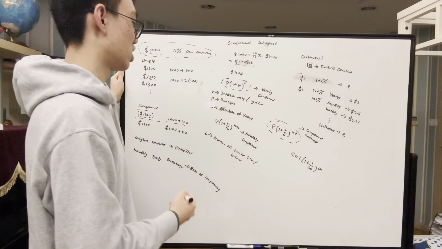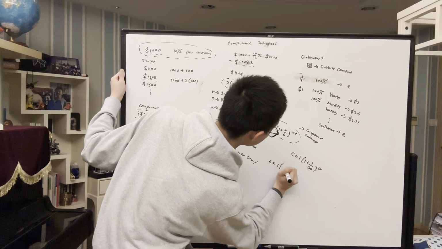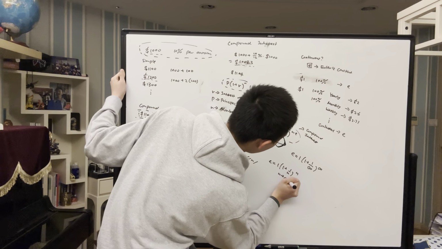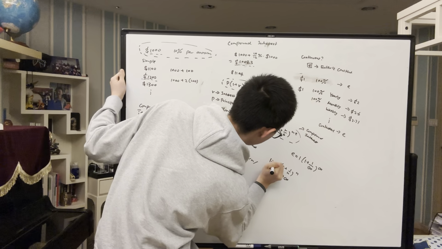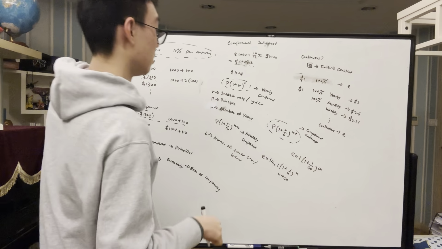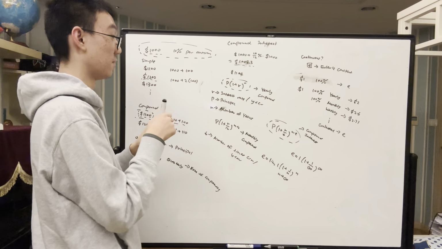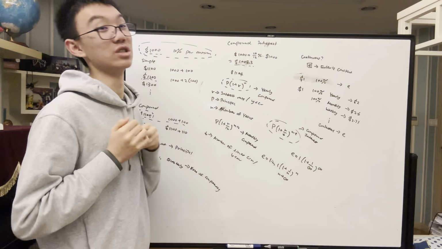And in limit notation, we can write this as e is equal to the limit of 1 plus 1 over n to the nth power as n approaches infinity. And this is a brief introduction into Euler's constant.